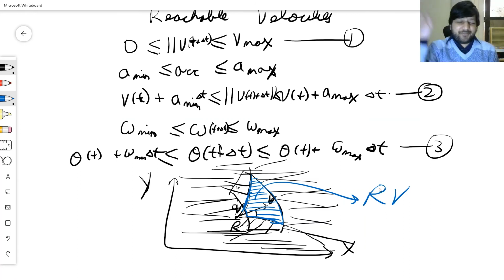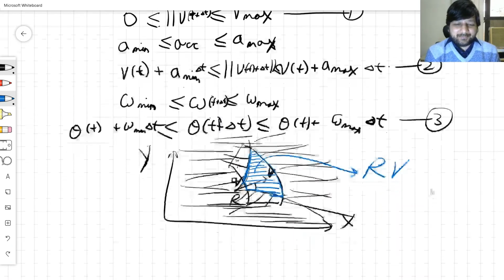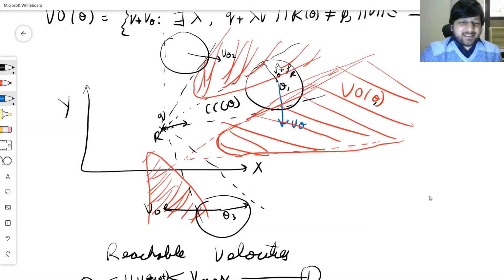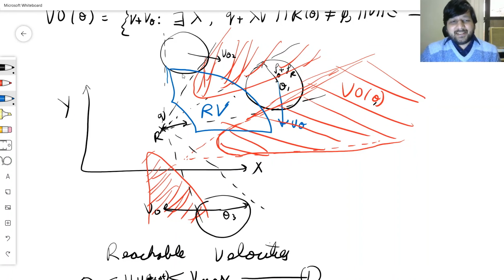If you have a bit of kinematics, you can actually plot this thing up. So now let me show you the reachable speeds as a cartoon. So these are my reachable speeds. It cannot be inside this red and it has to be inside this blue. So blue is the reachable velocities. It cannot be inside red and it has to be strictly inside this blue. That means my speed selection is limited to this.